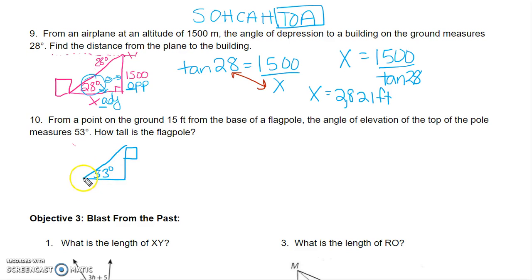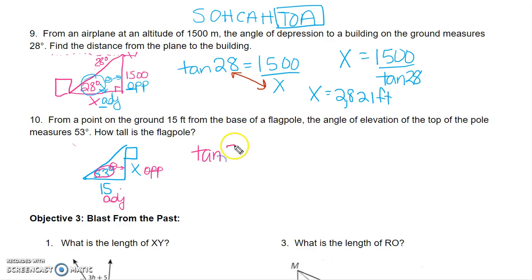Okay, so from the point on the ground to the flagpole is 15 feet, and I want to know the length of the flagpole. Well, that makes 53 my angle, so that's my theta. That makes x my opposite side. That makes 15 my adjacent side.